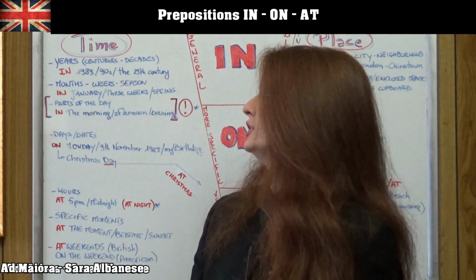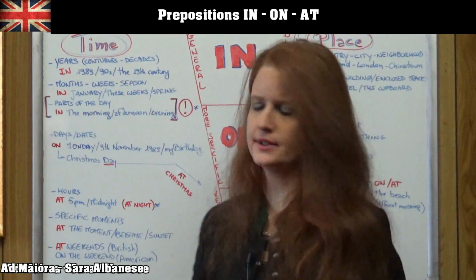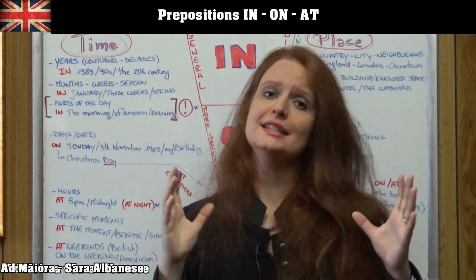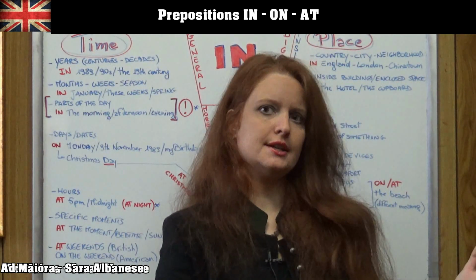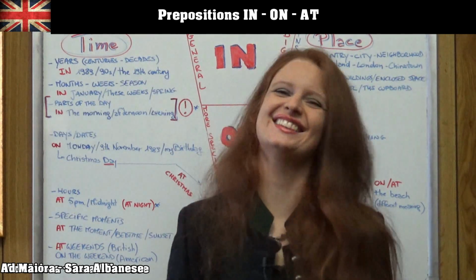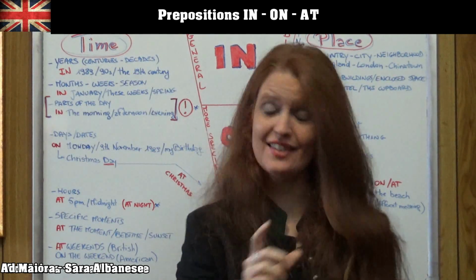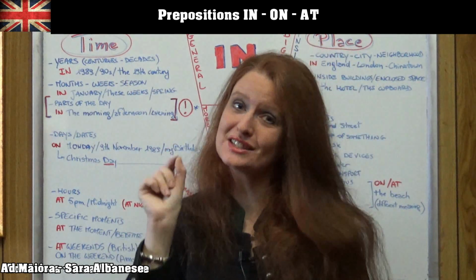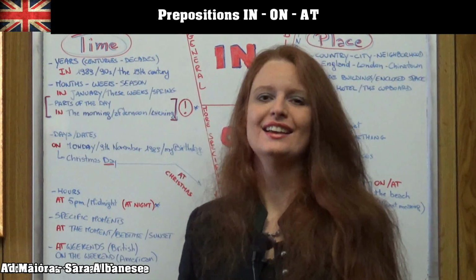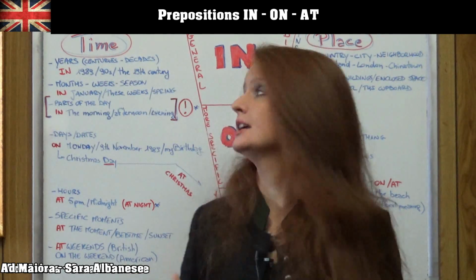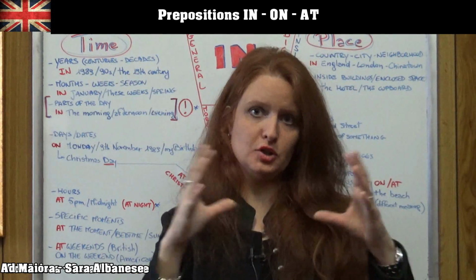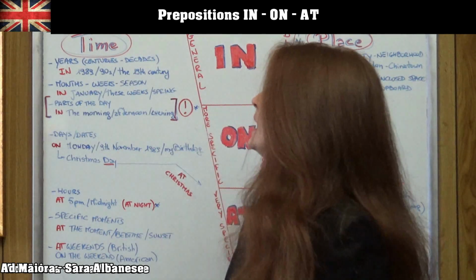So, when we have a year, so in 1989, for example, or when we have a decade, in the 90s, in the 50s, in the 40s, in this case we have the decade and that small s at the end of it, and obviously we use the preposition in. In the 90s means that I'm talking about that decade.